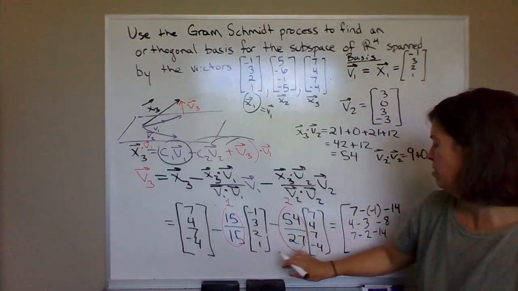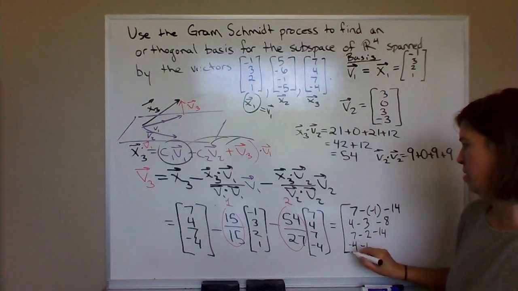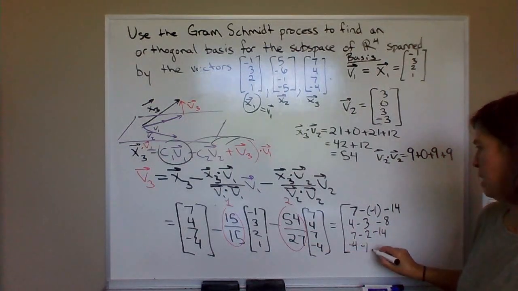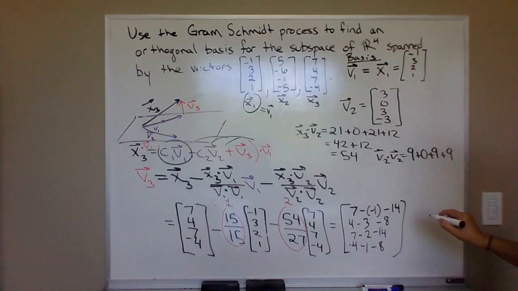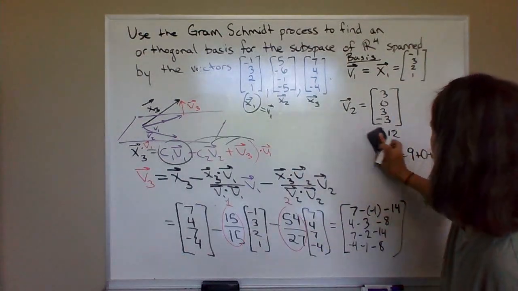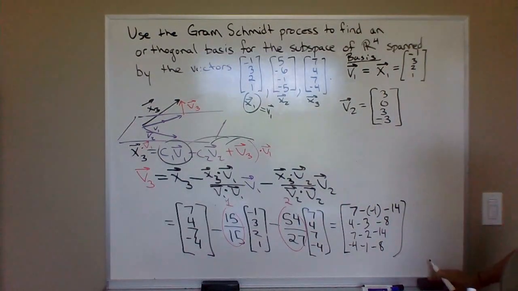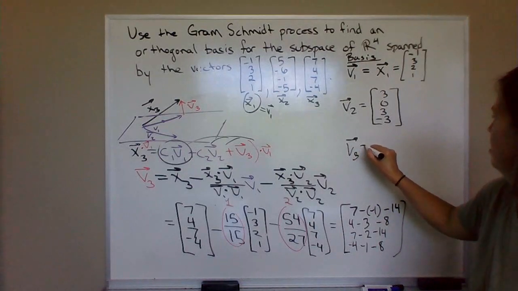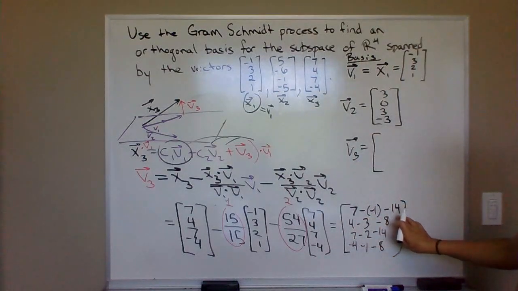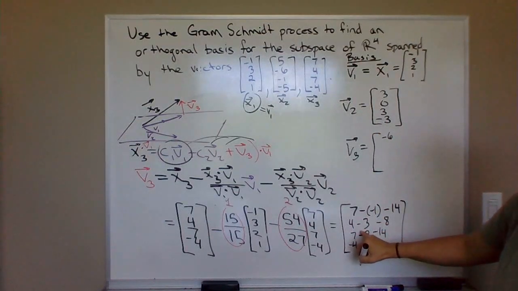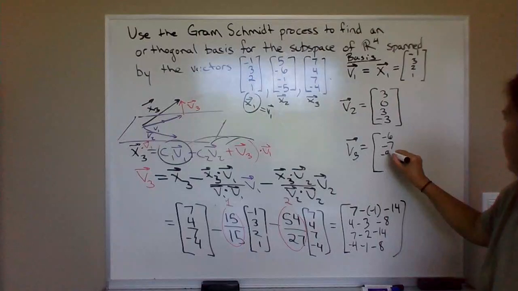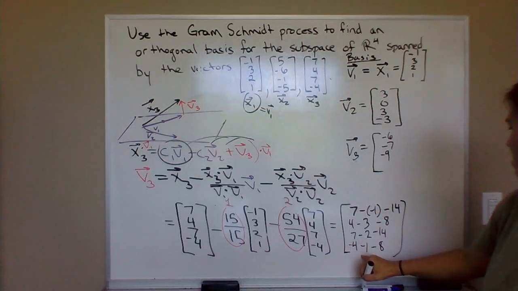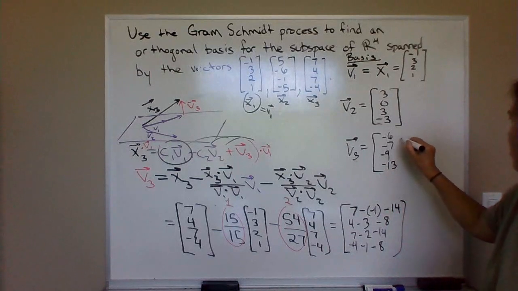And then negative 4 minus 1 minus 2 times that, so minus 8. And so our vector 3, I'm going to write right here with the V1 and the V2. V3 seems to be, that'd be 8 minus 14, so negative 6. 1 minus 8. This would be 5 minus 14, negative 9. And then negative 13. Looks like.